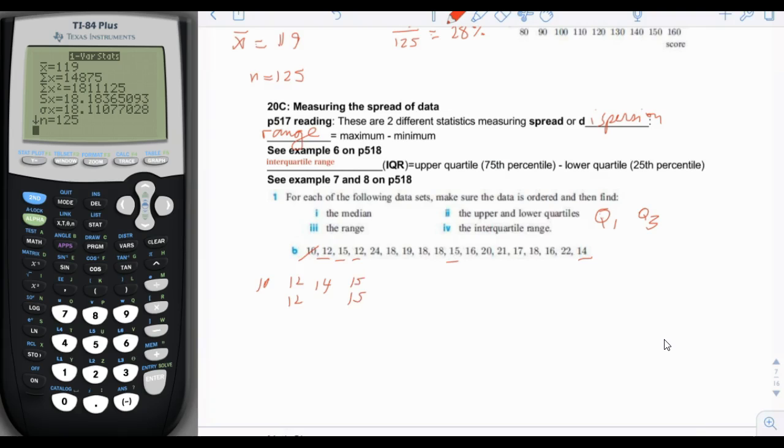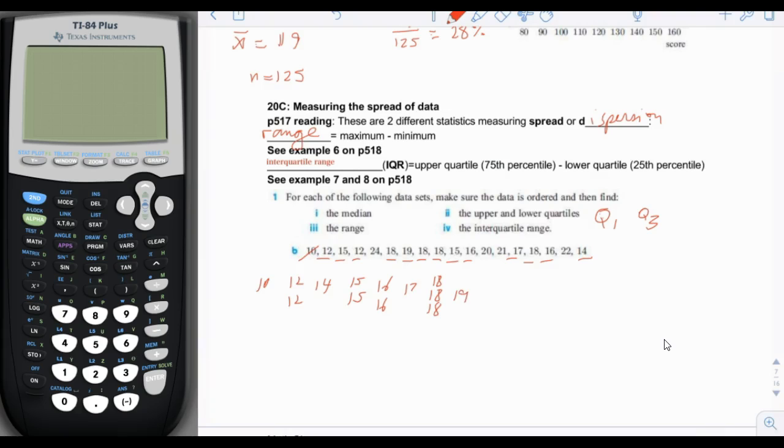We got 16. We got 17. How many 18s we got? 1, 2, 3, 4. 3 18s. And look, I missed a 16. Where is this? 16. And let's see. Okay, now we got some 20s, right? Oh, I got 19.